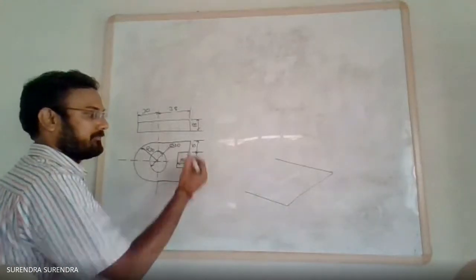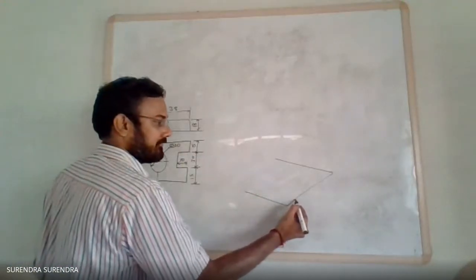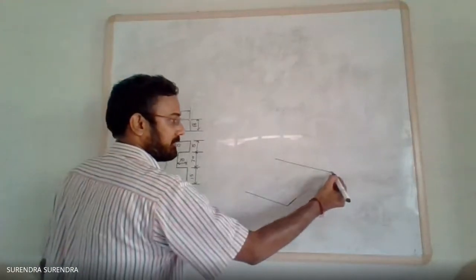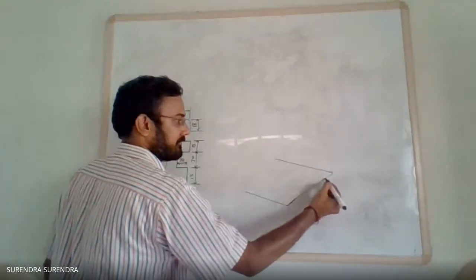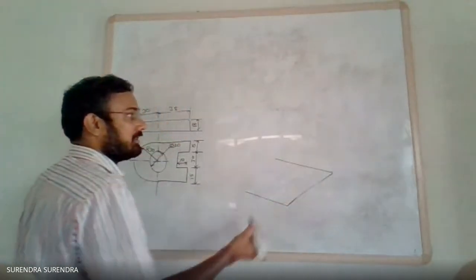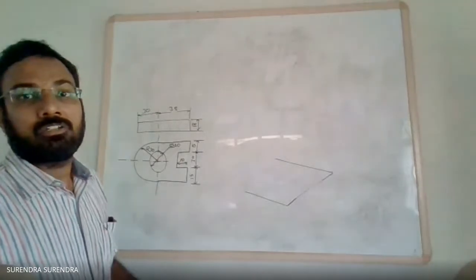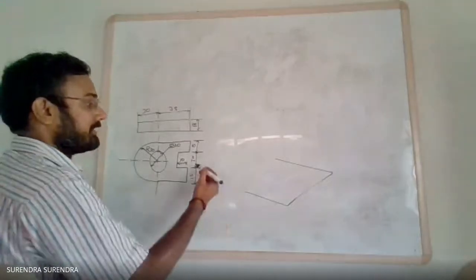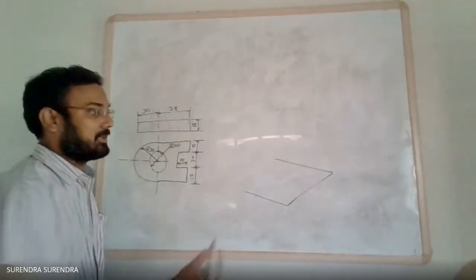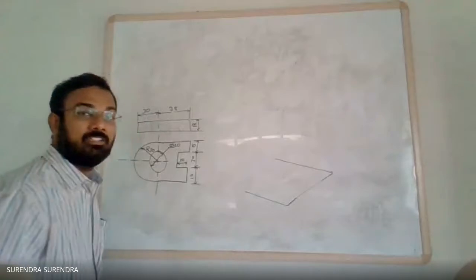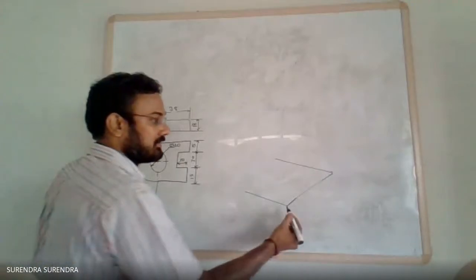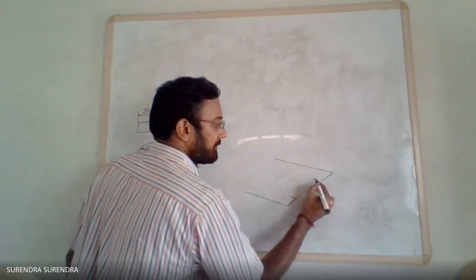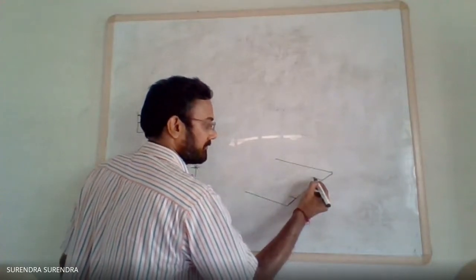From the other end 15 mm. Total depth of the component is 30 plus 15 plus 15, 60 mm. So draw a 60 mm long line with 30 degrees inclination, 15 mm from both the ends, 10 mm, 10 mm.